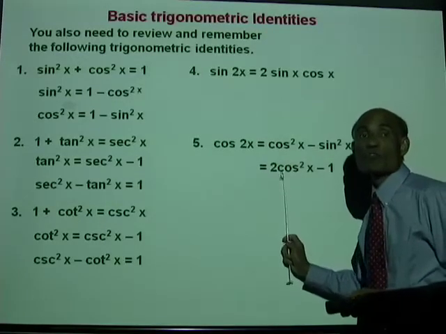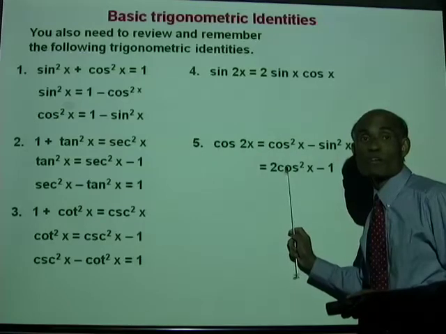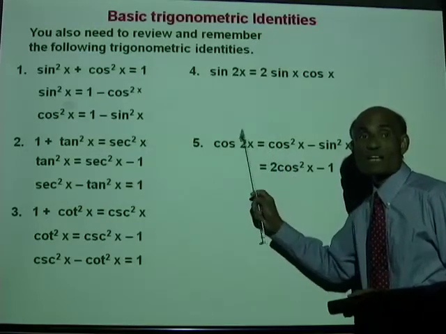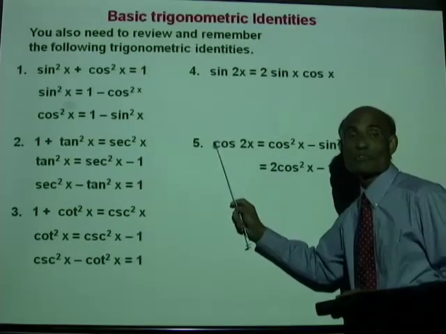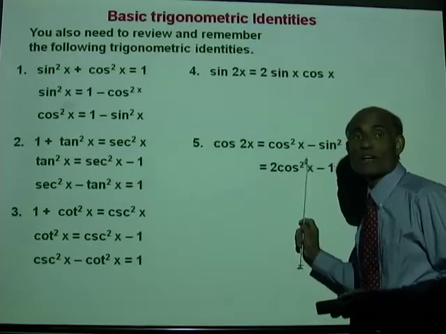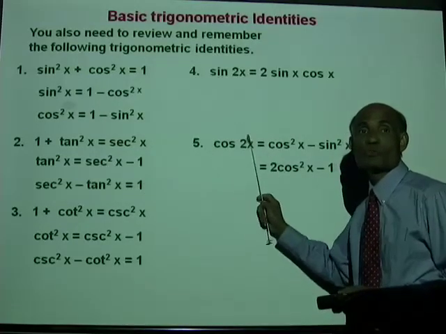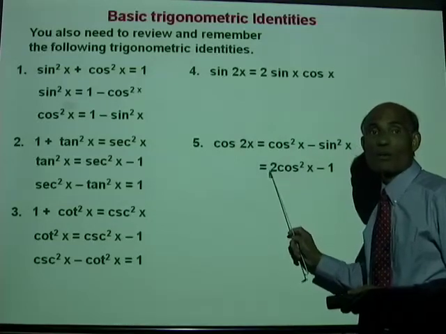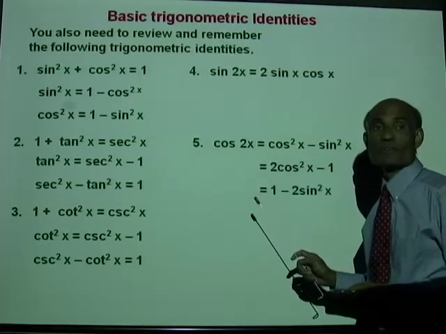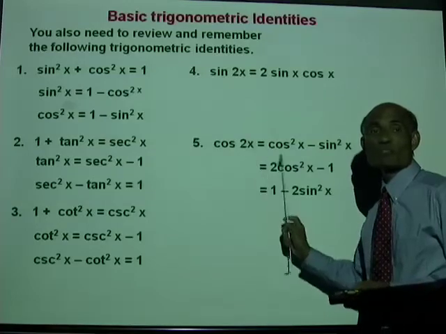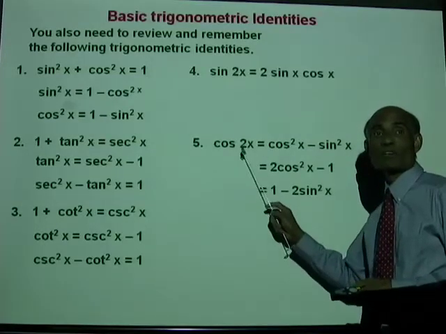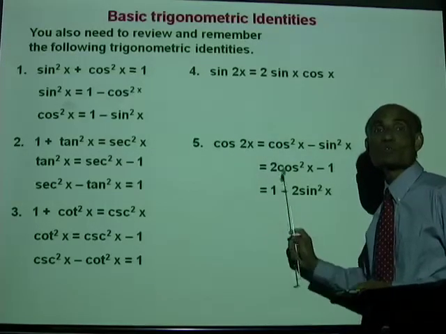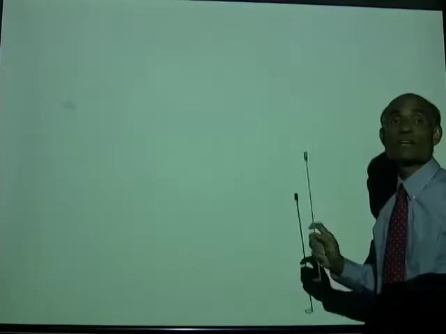That means if you have cos squared x, you can represent that in terms of cos of 2x. Can you write cos squared x in terms of cos of 2x? It will be cos of 2x plus 1 all over 2. Similarly, you can represent sine squared x in terms of cos 2x, and we will need to do that in this lesson.